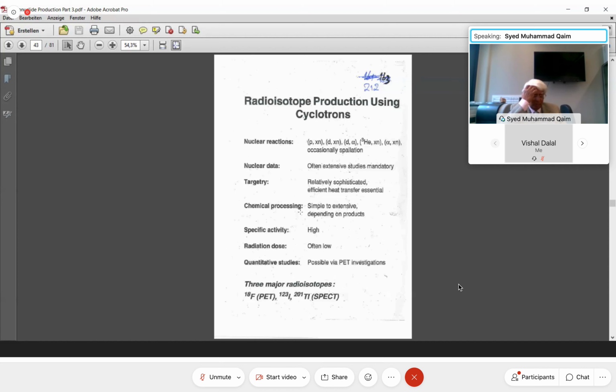Fluorine-18, that radionuclide is most common. Iodine-123 is a SPECT radionuclide. And thallium-201 is a SPECT radionuclide. So SPECT are iodine-123 and thallium-201, and PET is fluorine-18.